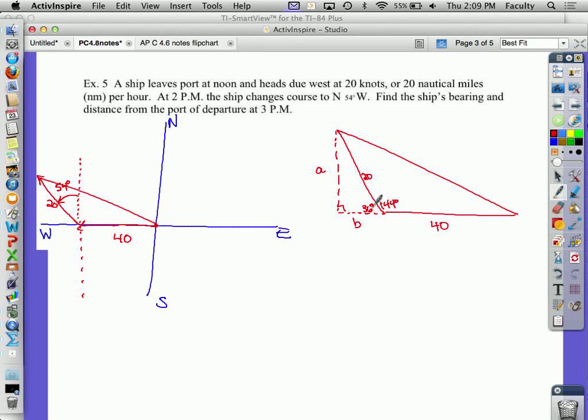Okay, well, can't we find A? Because for A I have the opposite and I have the hypotenuse. So that's sine, so I'll do the sine of 36 degrees equals A over 20. Go ahead and multiply both sides by 20. So I'm getting A is 11.8.